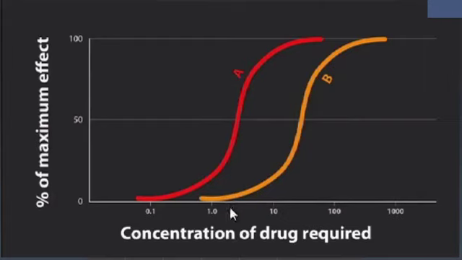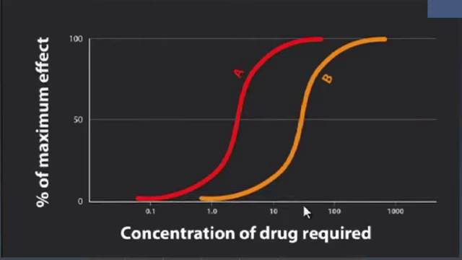So you see for drug A, the EC50, well, let's say it's 4 milligrams, but the EC50 for drug B, to achieve 50% of that maximum effect, is much higher. Say it's 40 milligrams. So in order for drug A to lower the blood pressure by 10 points, or half maximum effect, you only have to give 25 milligrams. But in order to get that same effect and lower the blood pressure 10 points using drug B, you have to give more.